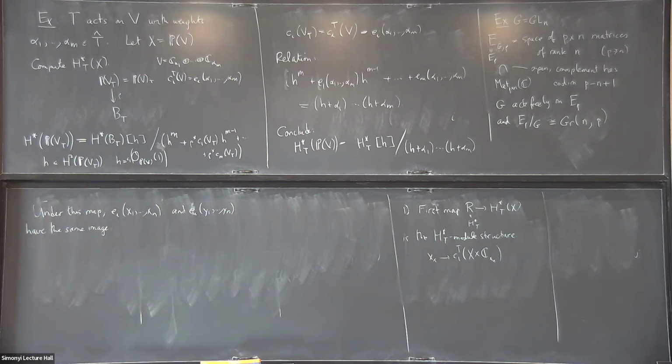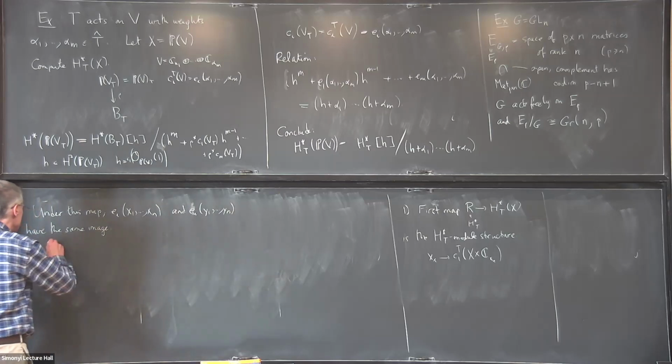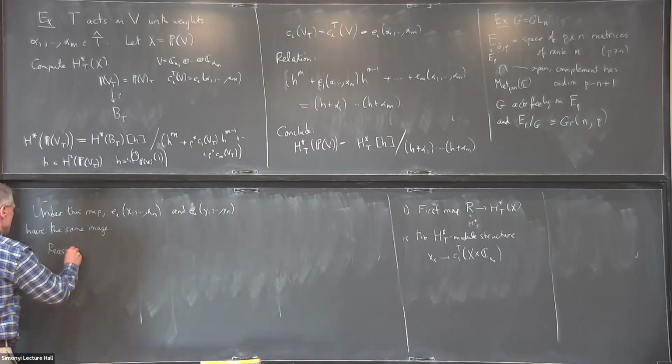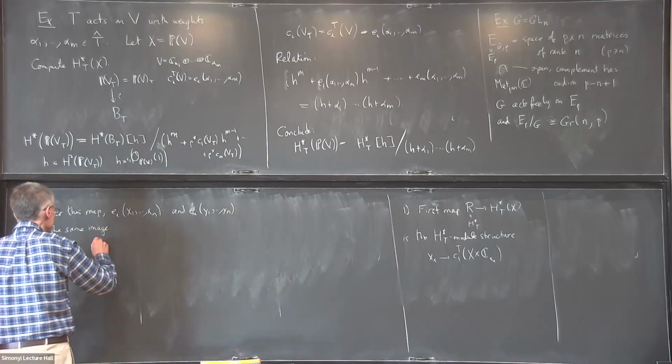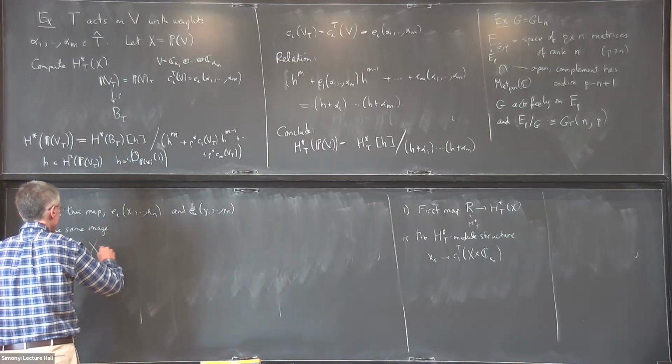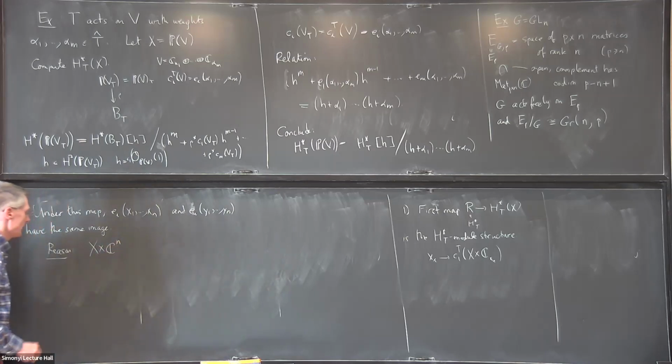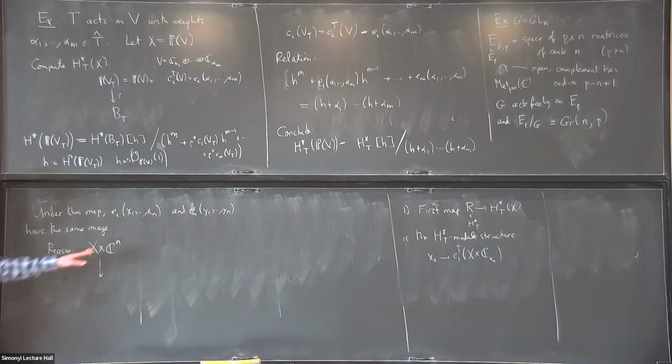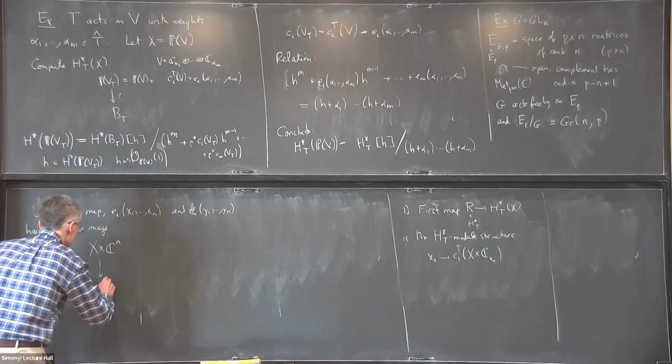The reason is that the trivial bundle X cross C^n, which is trivial but not equivariantly trivial because T is acting here, has two filtrations by subbundles.